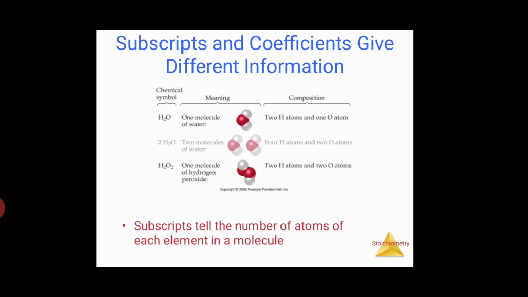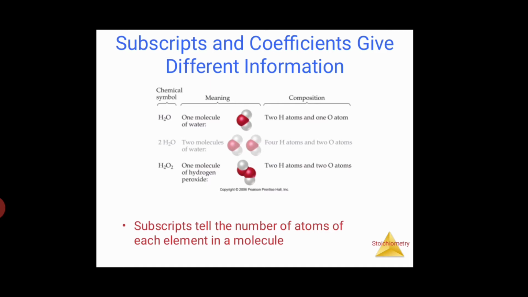For example, for water, H2O means 1 molecule of water has 2 hydrogen atoms and 1 oxygen atom. If you have 2 H2O, that means 2 molecules of water, with 4 H atoms and 2 oxygen atoms.